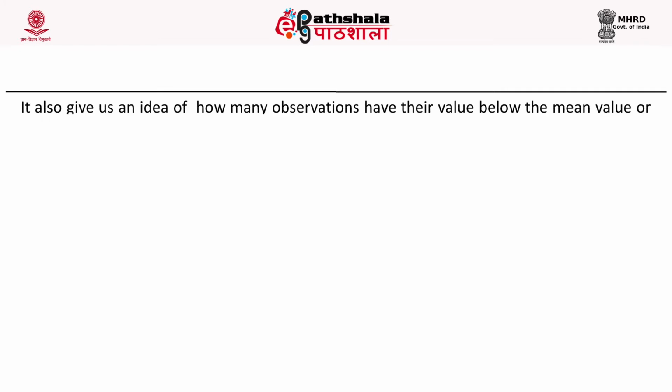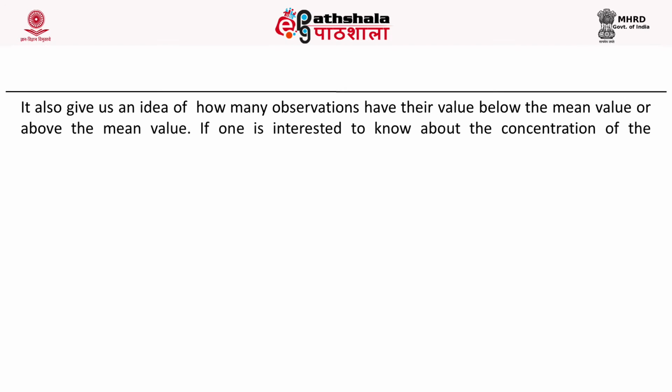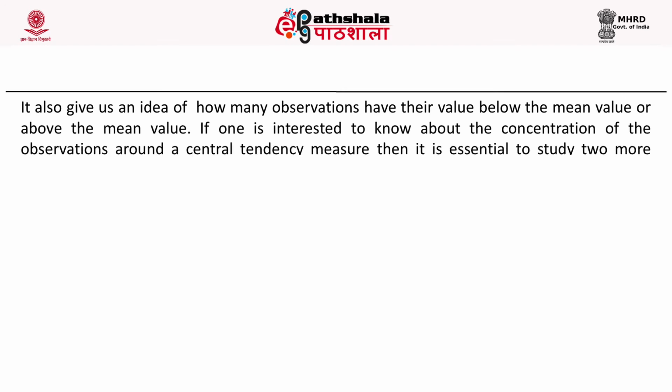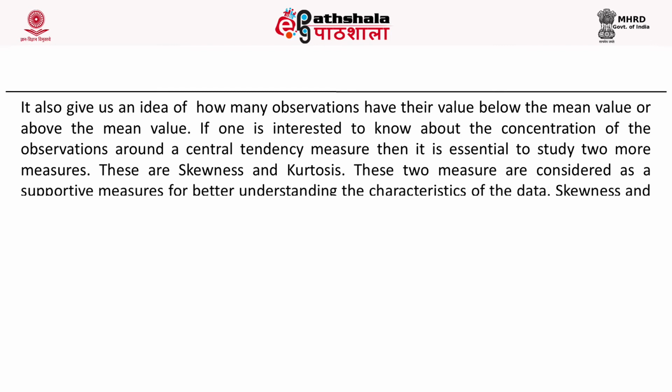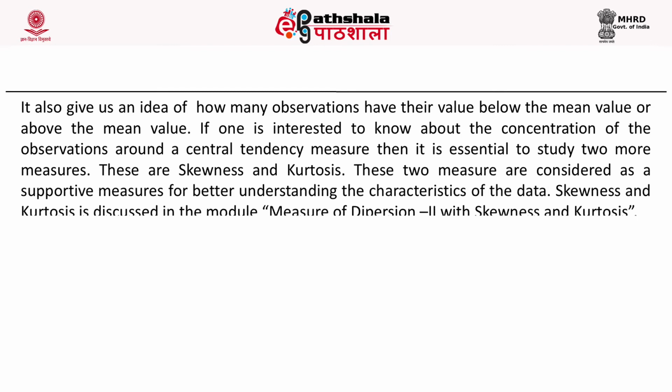It also gives an idea of how many observations have their values below the mean value or above the mean value. If one is interested to know about the concentration of the observations around a central tendency measure, then it is essential to study two more measures. These are skewness and kurtosis. These two measures are considered supportive measures for better understanding the characteristics of the data.